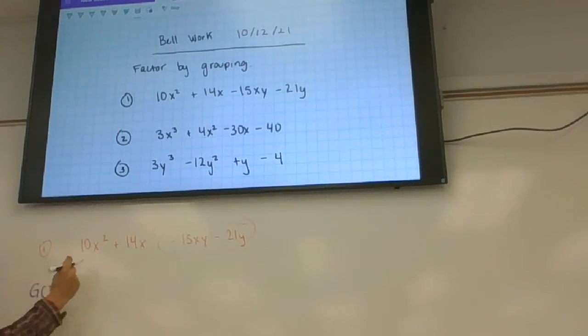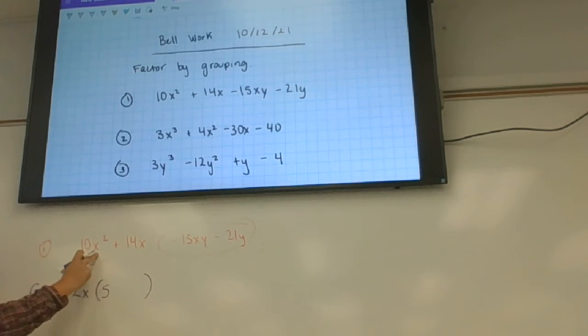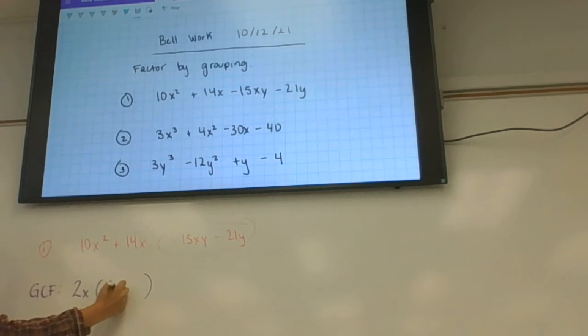These both divide by 2, and they both have x. So I take out the 2x and then divide. 10 divided by 2 is 5. I had x squared, I put x out front, 1 x left. 14 divided by 2 is 7. I had an x, I put it out front, done.